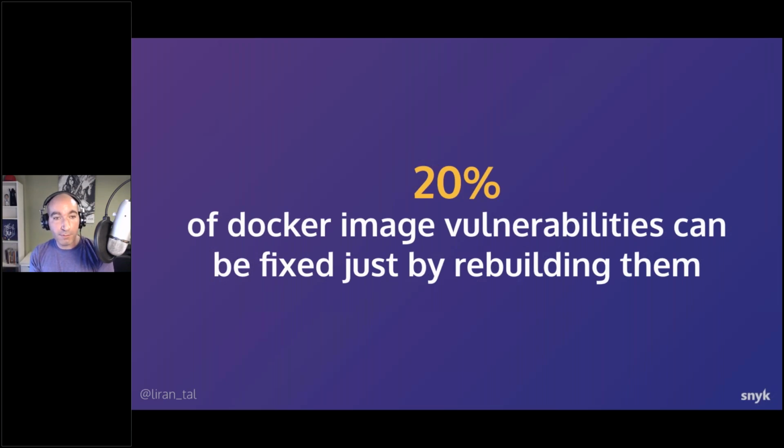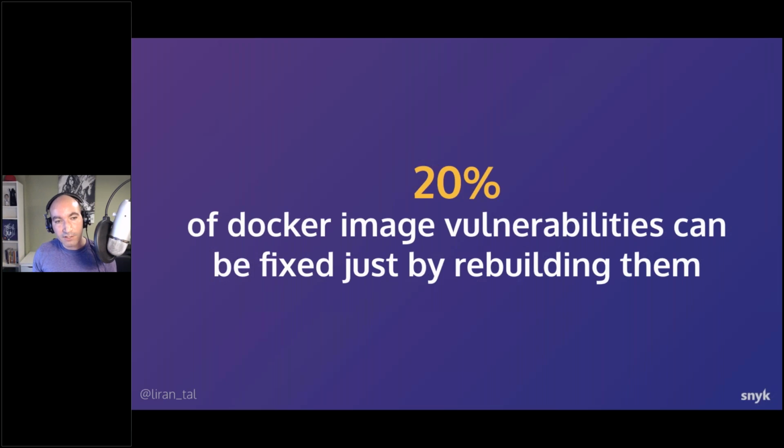Imagine the Dockerfile to build the image has a step to apt-get install XYZ. If you rebuild it, a new install will pull in a new version of that XYZ package that now has the fix, and that helps you. So just by rebuilding the images, 20% of those vulnerabilities can be fixed.